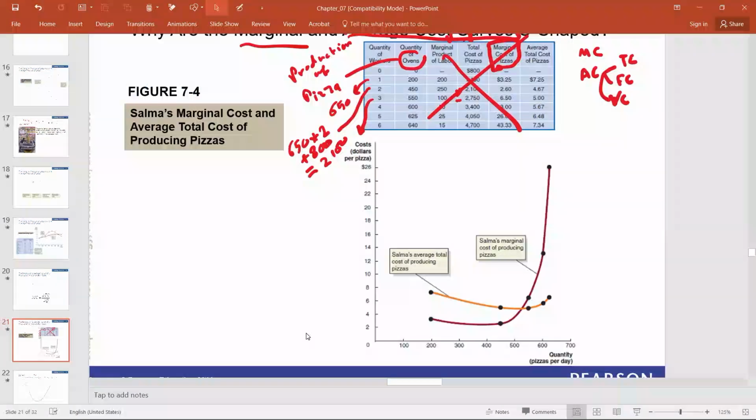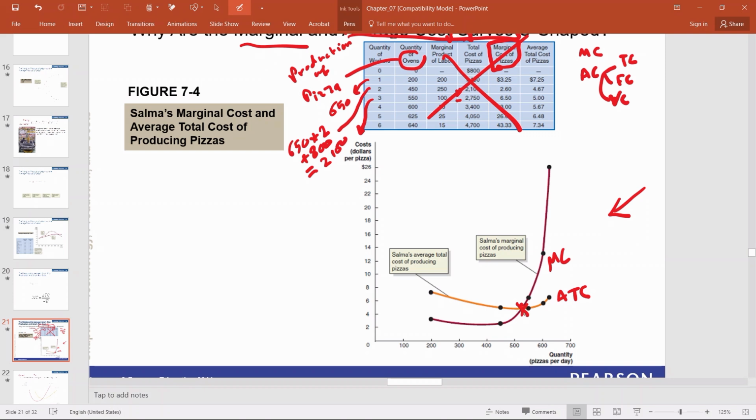But the interesting part that we want to focus on here is this relationship between the curve of marginal cost and the curve of average total cost. You can divide the analysis by starting from this point and say that when average total cost reaches its minimum, marginal cost intersects average total cost.